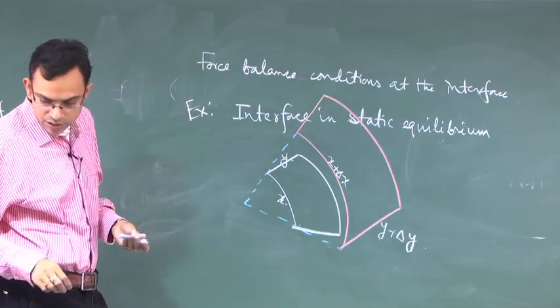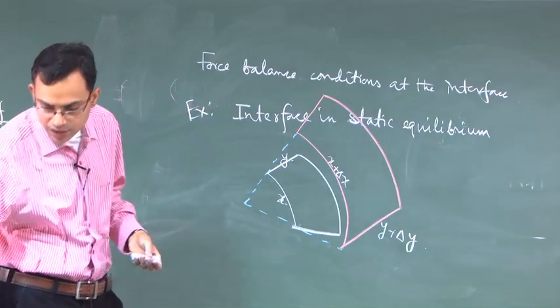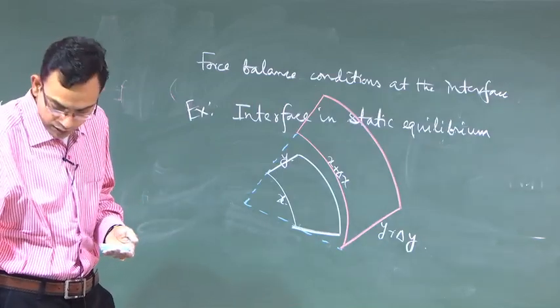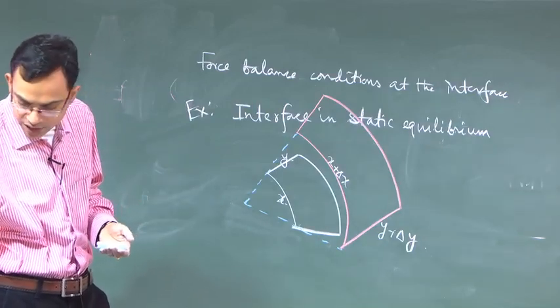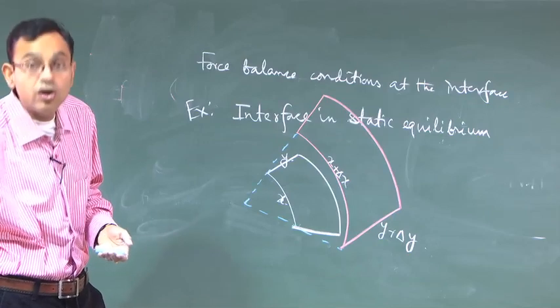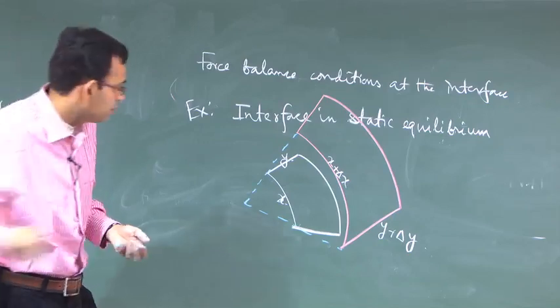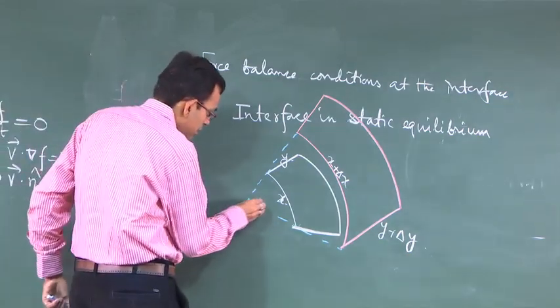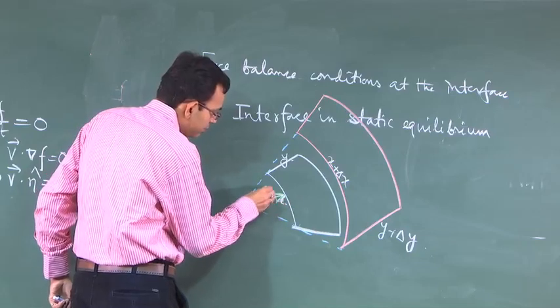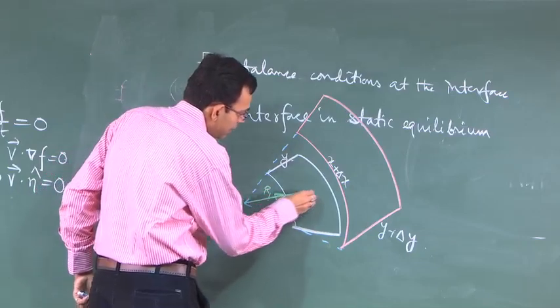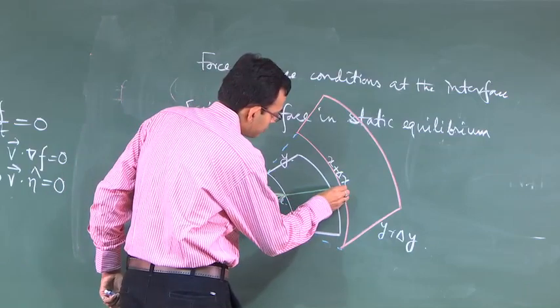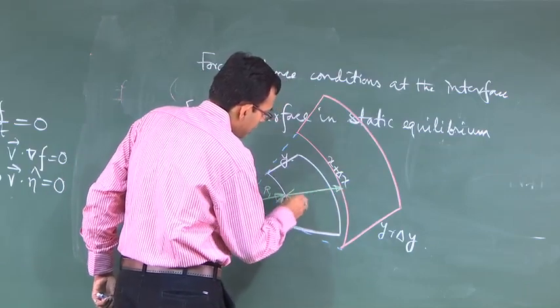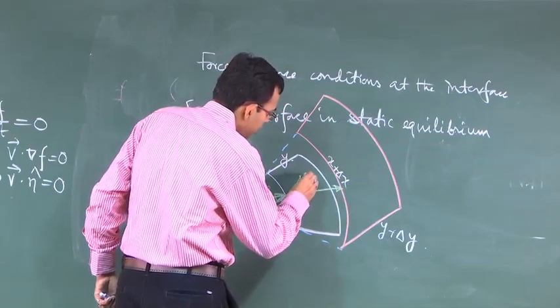As I told, we will consider R1 as the radius of curvature of one side. This is R1, and let us say this is delta x, this is a magnified delta z.